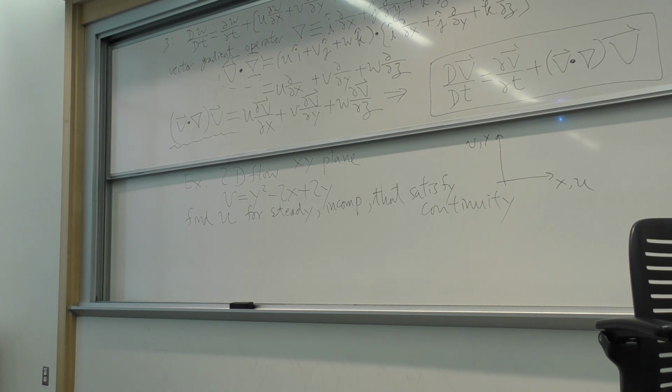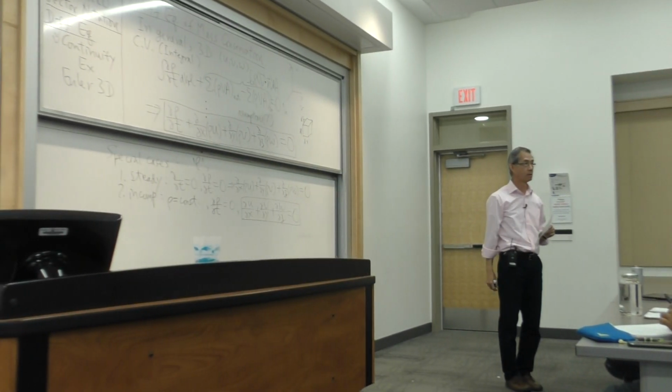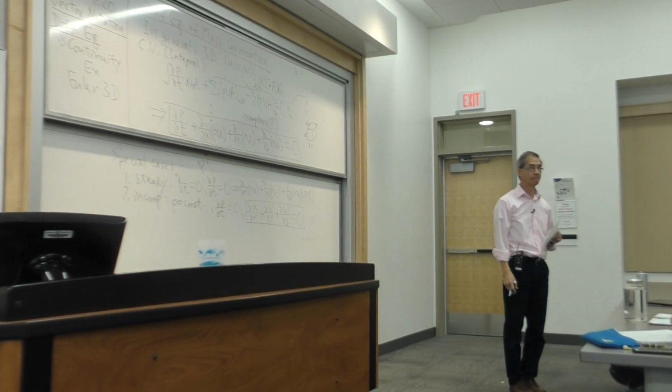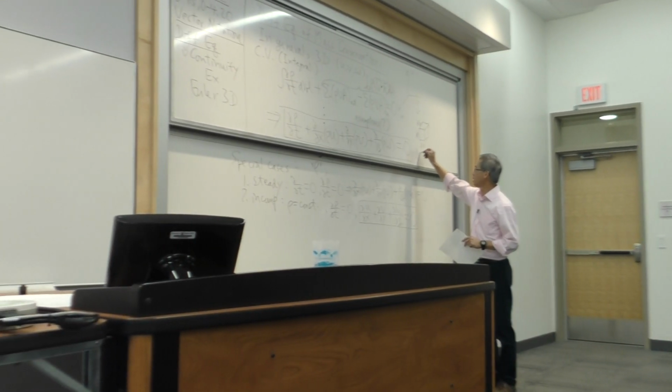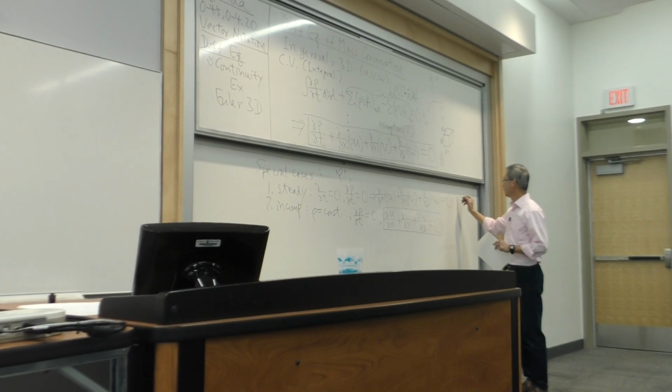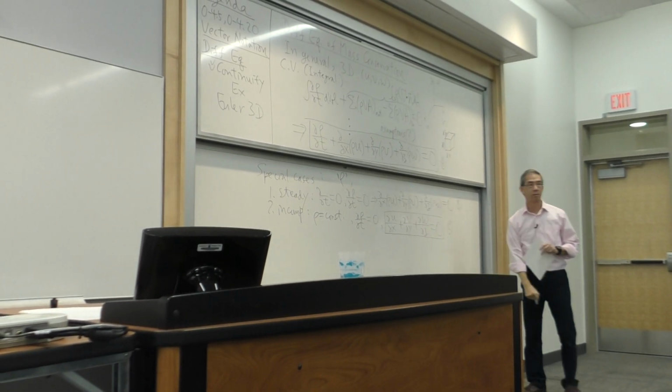So we have the general equation shown here, and then I have some special cases. Which one will you pick and why? Steady, constant density. You want to start with this one? A. The next one, B or C?